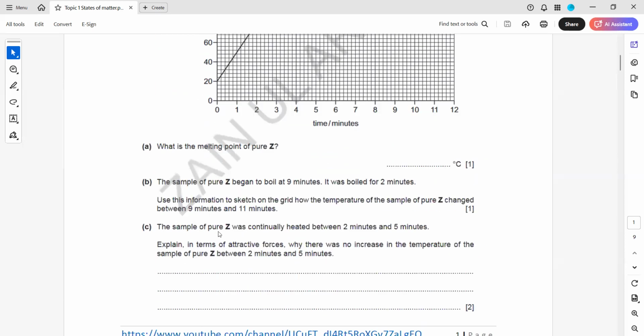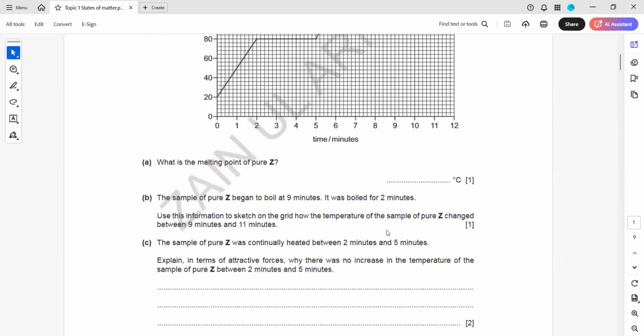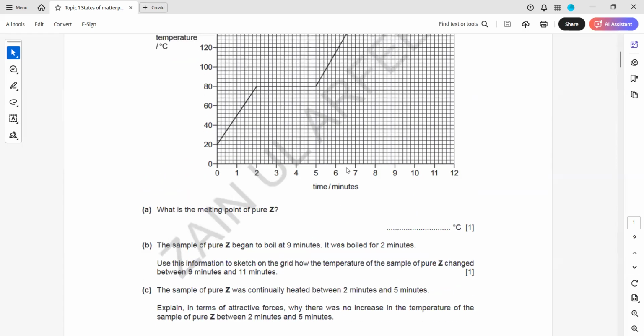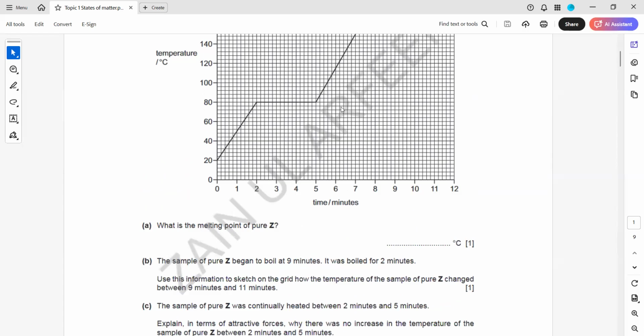The next is: the sample of pure Z was continually heated. As you can see, explain in terms of attractive forces why there was no increase in temperature for the pure sample of Z between 2 minutes and 5 minutes. Energy is used to break the bonds.